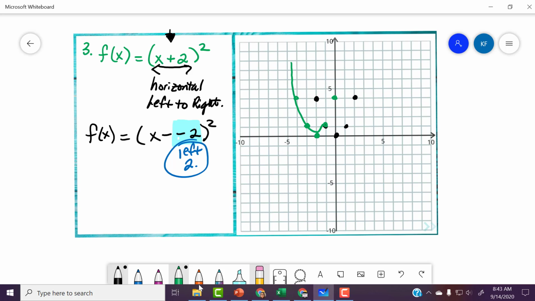And so moving across, I'm moving across the x's, because remember, this value 2 is attached to the x's. You just have to make sure you're keeping track of those signs.